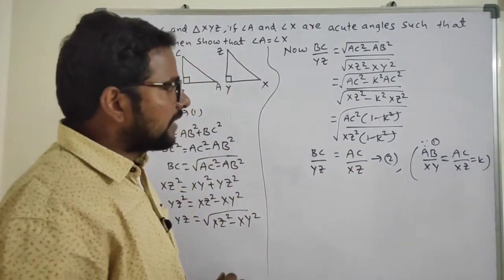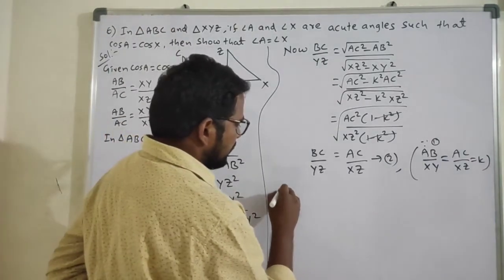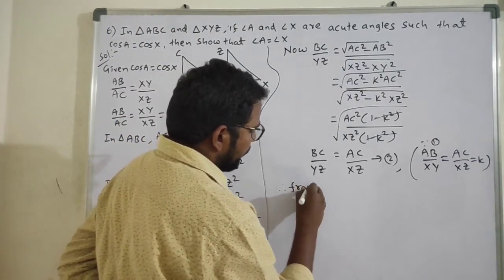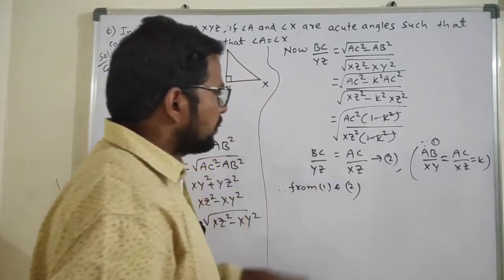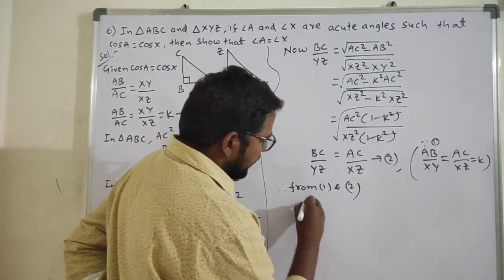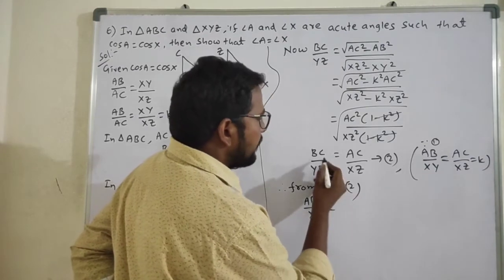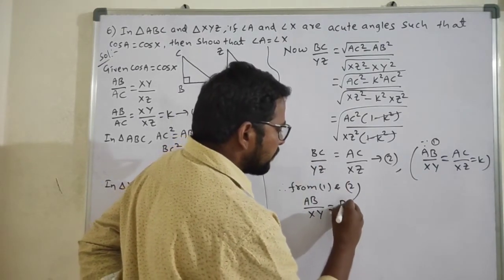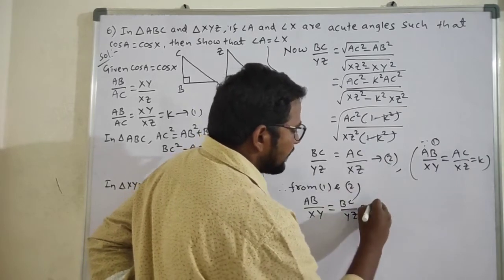So the two values are equal, which means the 3 ratios are equal from 1 and 2. Therefore from 1 and 2, all ratios are equal: AB by XY is equal to BC by YZ is equal to AC by XZ.